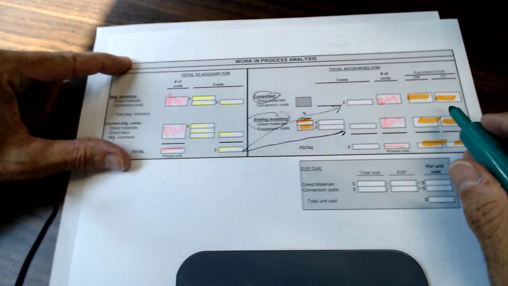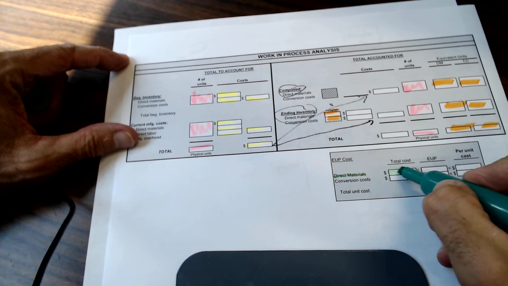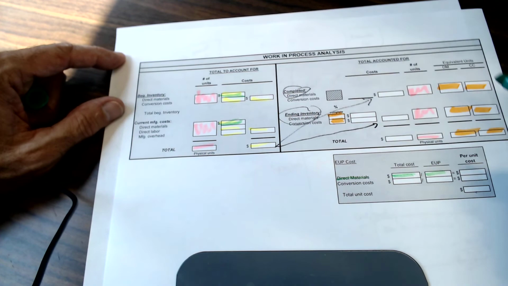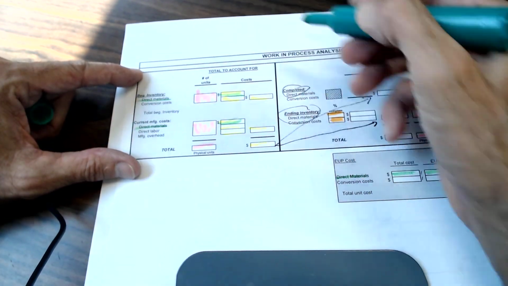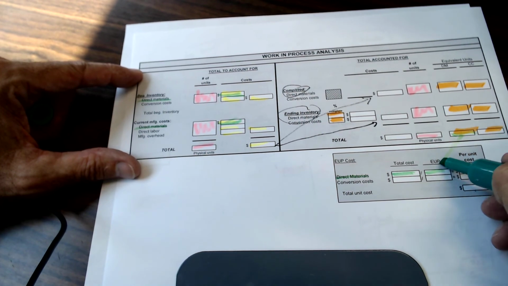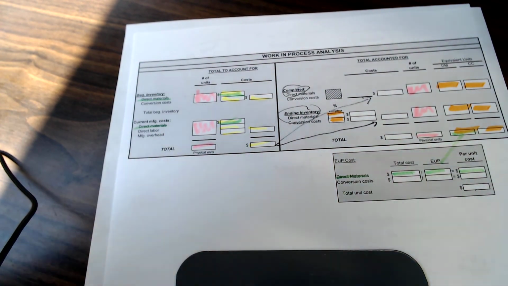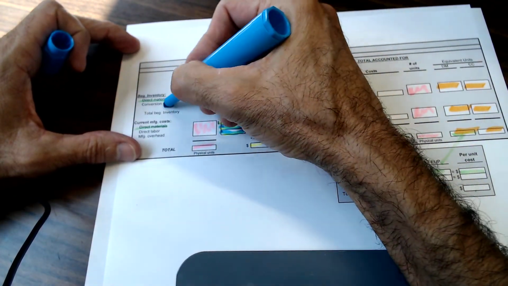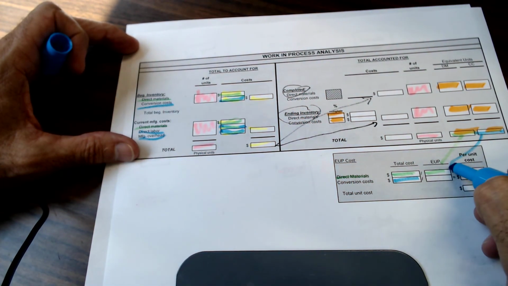Step three, using the material costs, the two material costs divided by the equivalent units gives us a per unit cost. Same thing, conversion cost divided by this will give me the cost per unit.